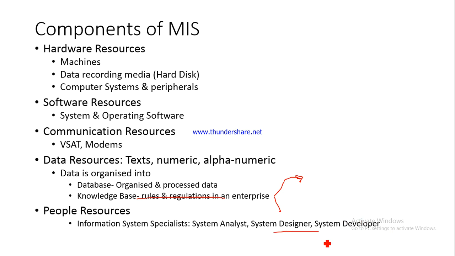And this way we'll be able to come up with a particular MIS project successfully, right? So these are people resources, and if the other resources are not there, then people resources are of not great use. ठीक है जी?